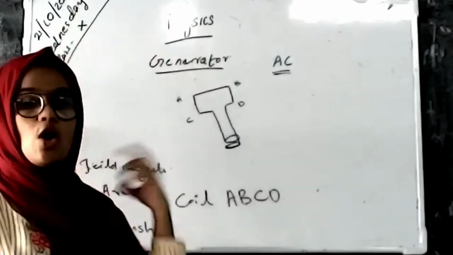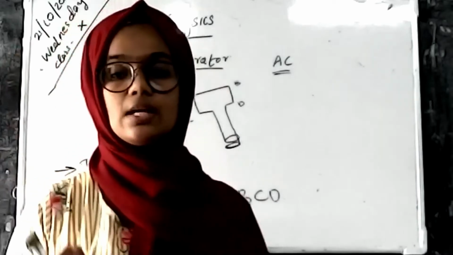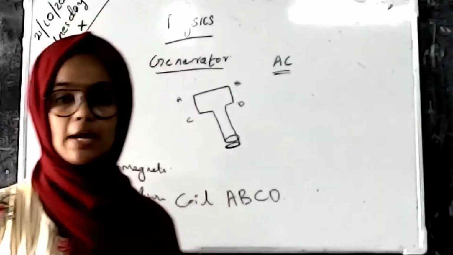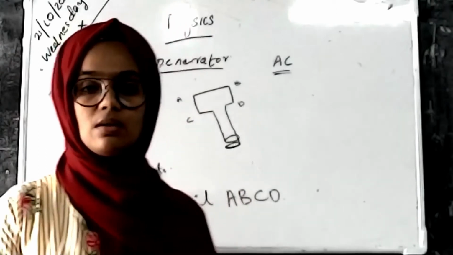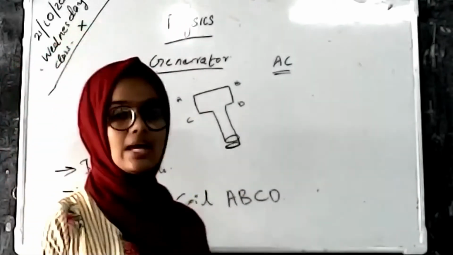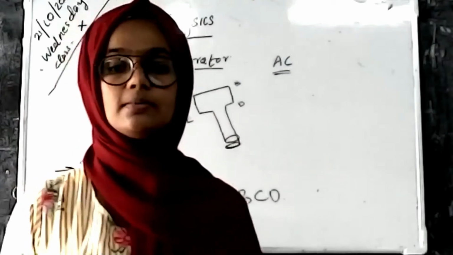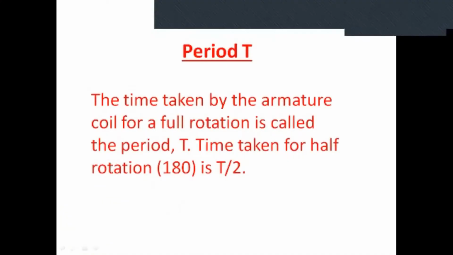And this armature coil rotates in a specific interval of time, and that time is called the time period. We will read what a time period is from the slide. Period T: the time taken by the armature coil for a full rotation is called the period T. The time taken for half rotation, or 180 degrees, is T by 2.